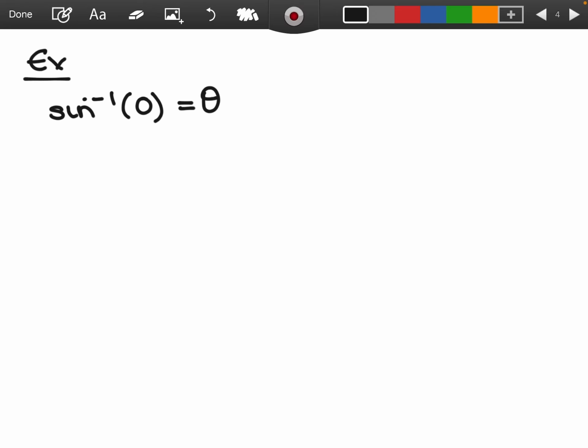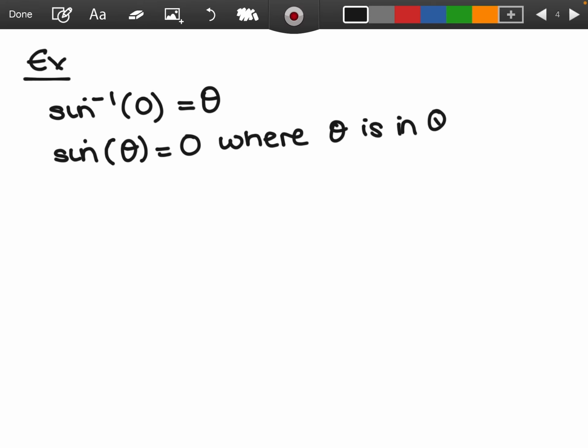It really doesn't matter what variable you use. But as it's an angle, I'll set it equal to theta. Then we know, because it's an inverse function, I'm looking for sine of theta equal to 0. I'm looking for that theta such that that is true, where theta must be in quadrant 1 or quadrant 4.